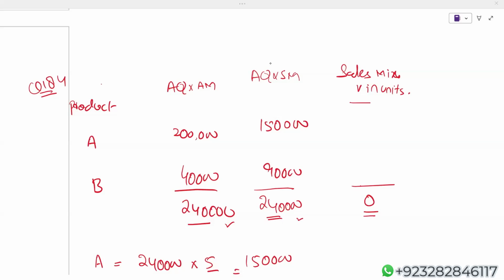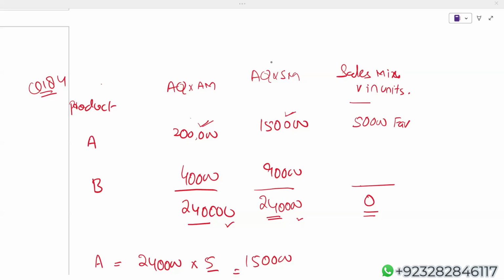Okay, look at this. Actual sales, actual mix is 2 lakh. Against 150, so you have actually sold more. Logically favorable. Here we have actually sold less.